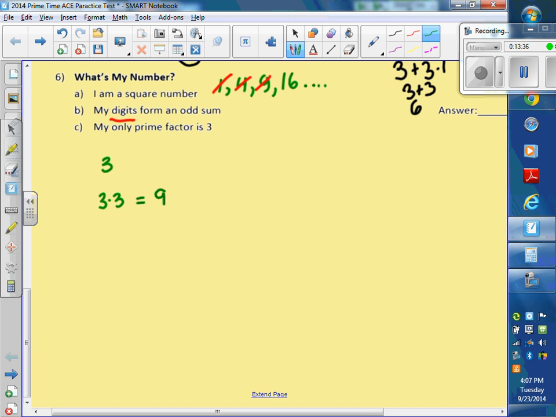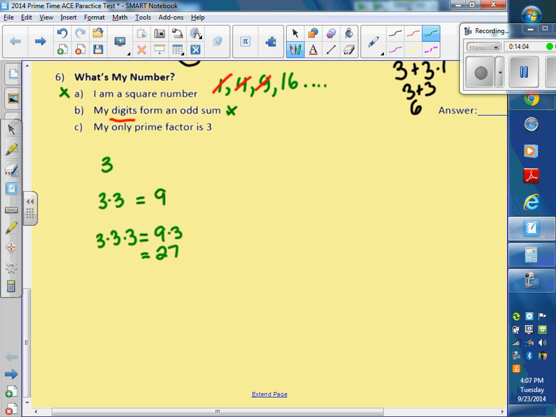That is a square number, but it doesn't have digits to add up, so I can't do part B. So I can try 3 times 3 times 3, so that would be 9 times 3, which is 27. So that is 2 digits, and the digits sum to an odd number, but it's not a square number.